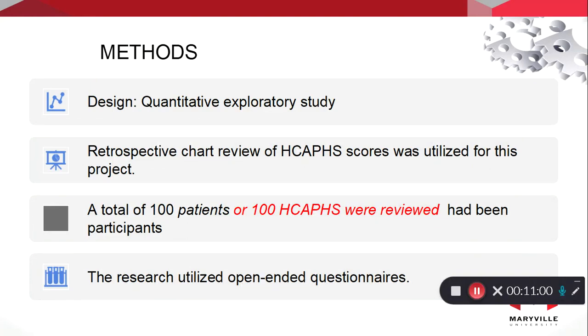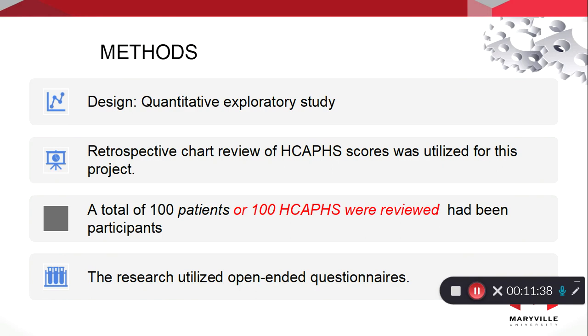This study used a quantitative exploratory design where a retrospective chart review of the HCAHPS score was used to measure the satisfaction rate pre and post implementation of the study. The study comprised a total of 100 participants, in which both male and female were included.